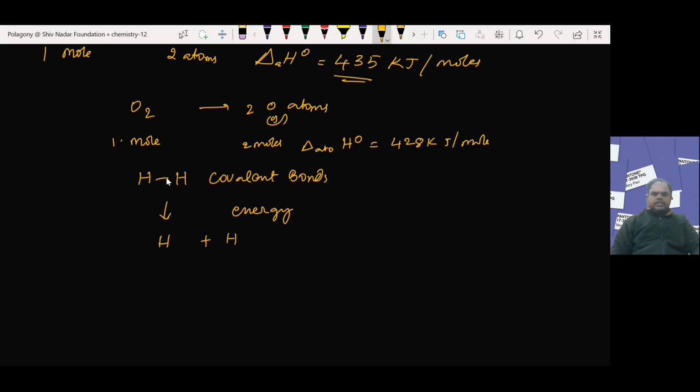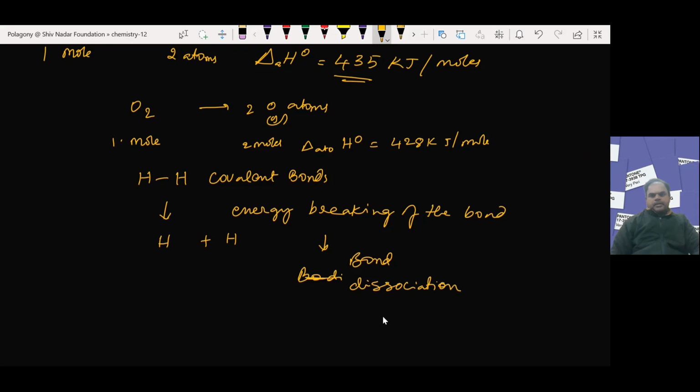The energy required for breaking these interatomic forces is the enthalpy of atomization. So this energy, required for breaking of the bond, is otherwise called bond dissociation enthalpy.